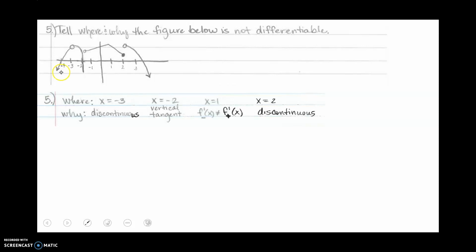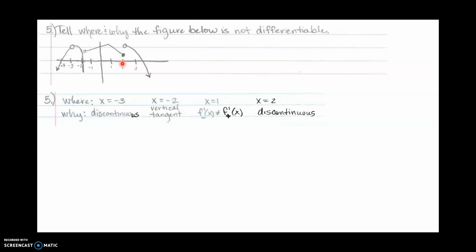So to begin with, let's go through and let's see everywhere it's discontinuous by where I have to pick up my pencil. So I start drawing over here and I have to pick up my pencil at -3. And then I have to pick up my pencil over here at -2. And I have to pick up my pencil over here at +2. All right. So I know there's going to be a problem at -3, at -2, and at +2.